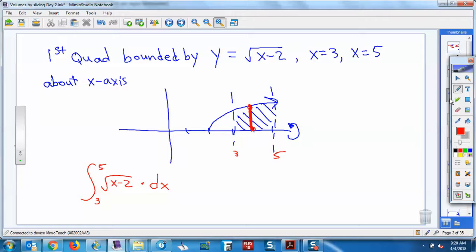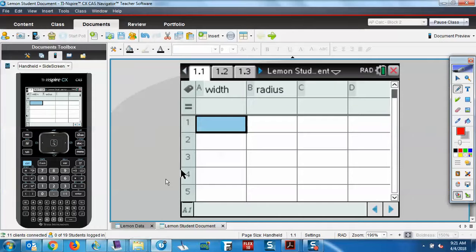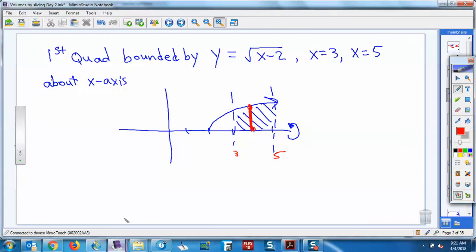Okay, that makes sense. Well, now we're doing something totally different. Now we are saying that we're going to revolve this region. So all of a sudden there's going to be this slice there. It's going to be circular because it's going to revolve.